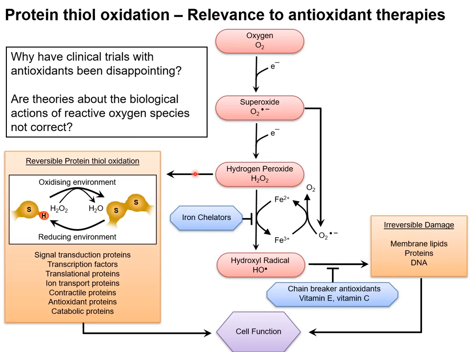They're not tackling this hydrogen peroxide pathway. And so the reason that clinical trials might have been disappointing is because the focus has been wrong. The focus has been too much on the damage pathway and not enough on thiol oxidation. That's certainly one possibility, and that's something that we are following up on.